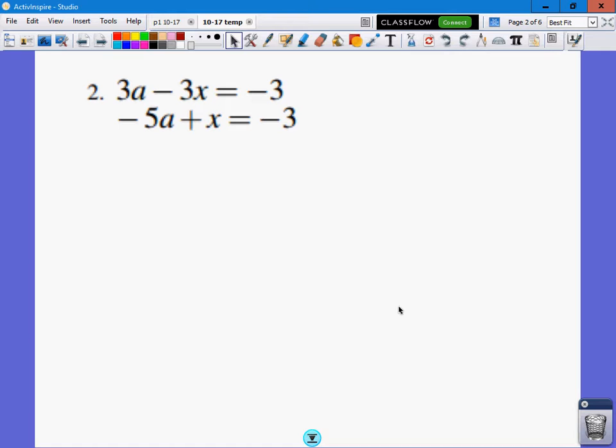So we're going to do 2 examples by substitution and 2 by elimination, just so that you're refreshed on how to do them. I am a substitution person. I think the teacher that taught me how to do systems of equations did a better job of teaching substitution, so it's what I prefer to do.